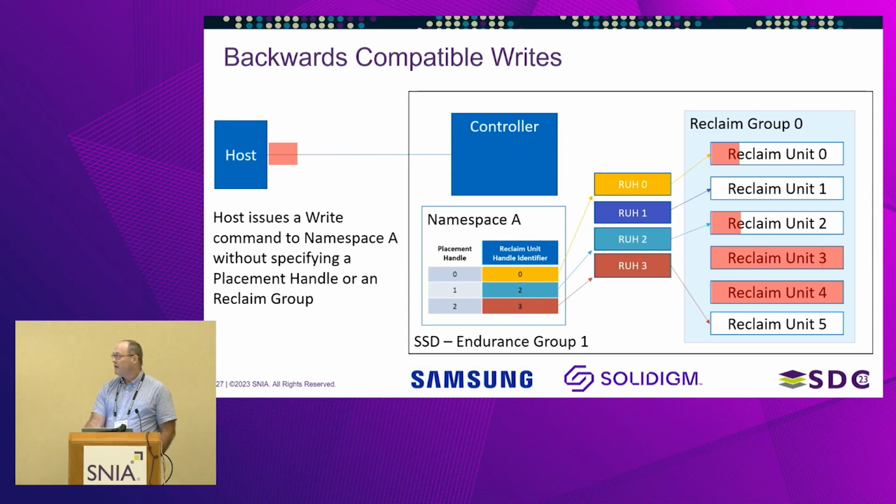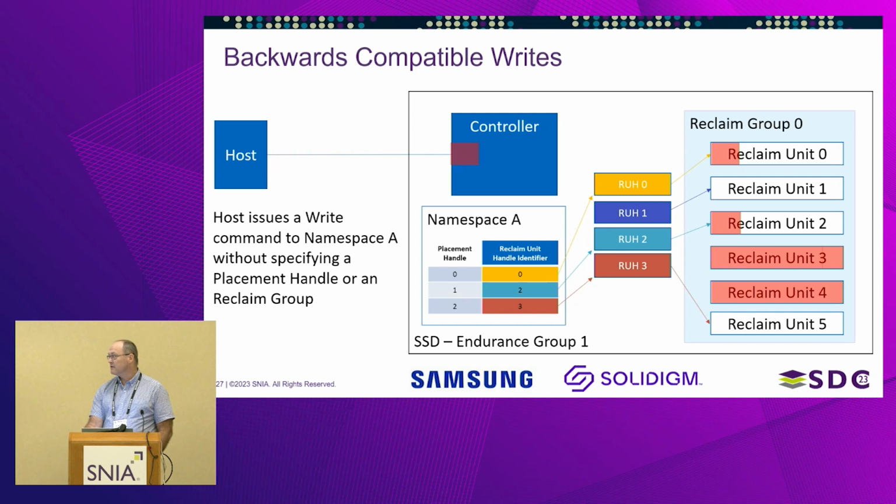So let's say I have an application on this same server, but that application does not understand FDP at all. And so it was never modified. It may even be third-party software that I bought and I can't manage it and change it. It issues a write command and it does not specify the new data placement directive, which means there is no reclaim unit handle being specified or reclaim group.